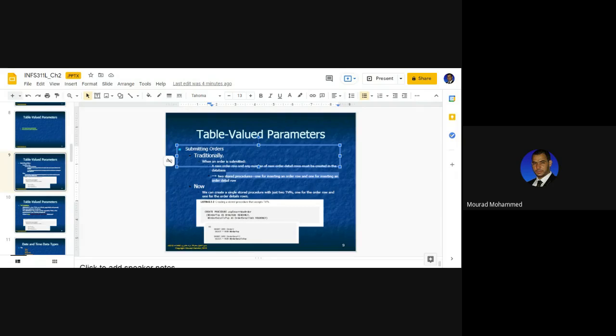But nowadays, no. This is due to the enhancement of the TSQL. Such a solution can be solved using one unique transaction, using the TVPs, the table valued parameters.